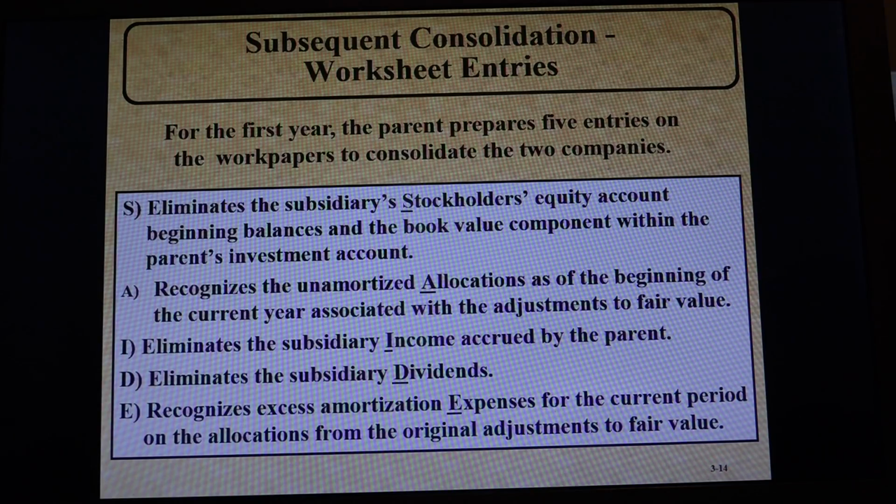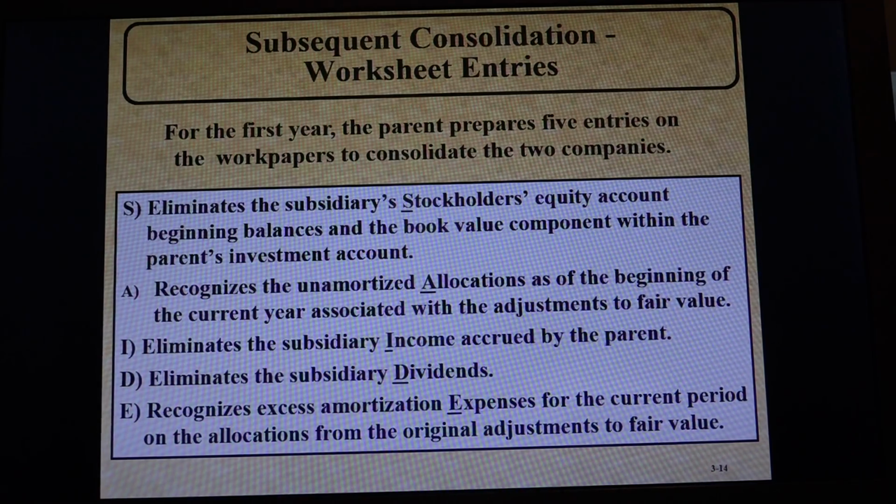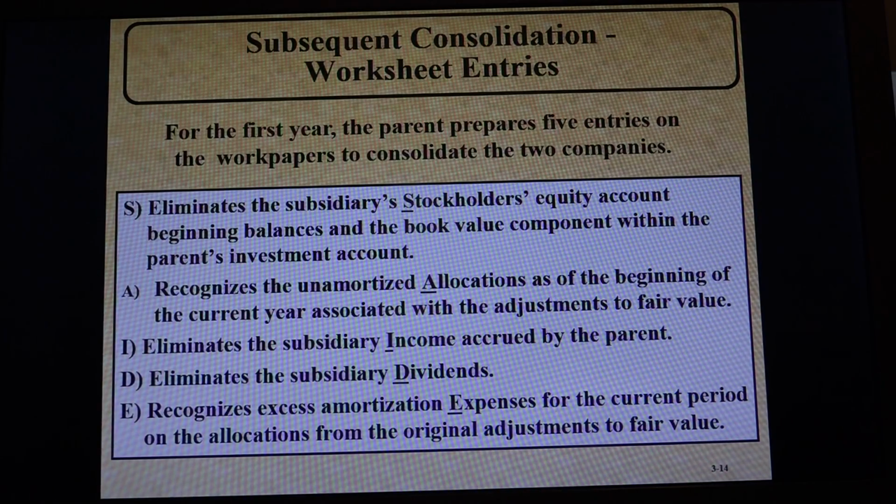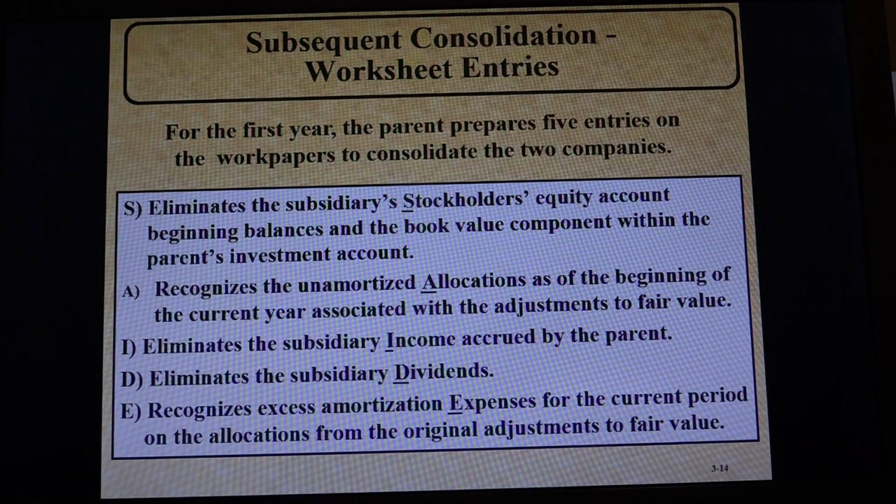Next, you're going to recognize the unamortized allocations as of the beginning of the current year associated with the adjustments to fair value. Essentially, you're going to add the unamortized fair value allocations to the appropriate assets, and your corresponding credit is going to be to the remaining amount in the parent's investment account, just like you did in Chapter 2.